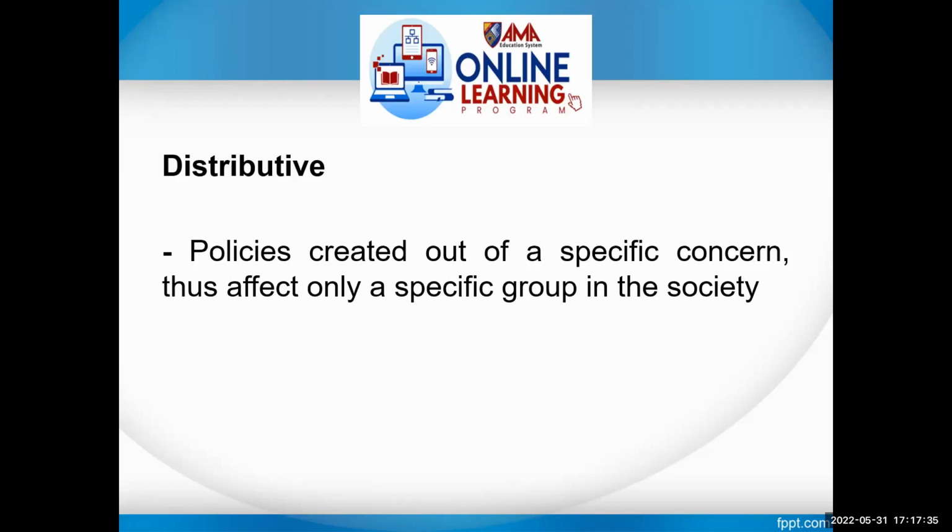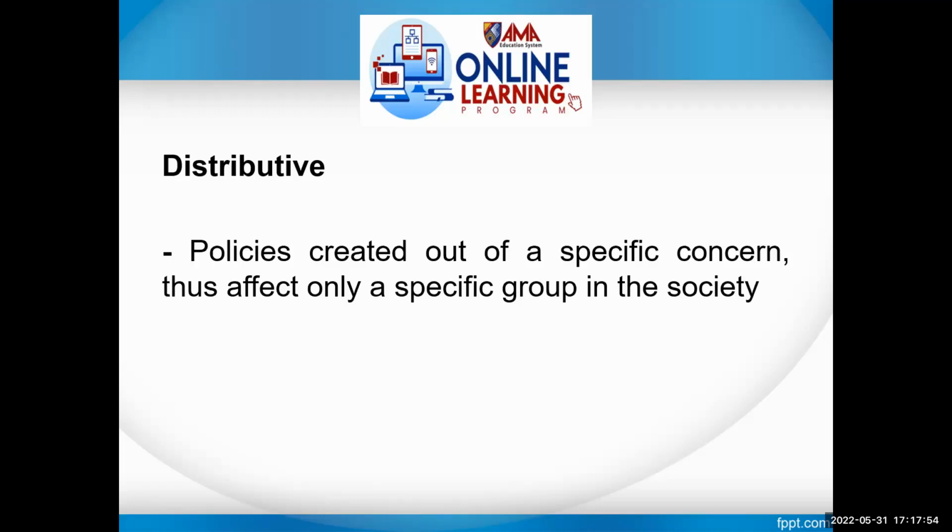So it is easy to define distributive public policy. There is a specific concern and there is a specific group in the society who is affected, not the whole, not the general public, not all the citizens.